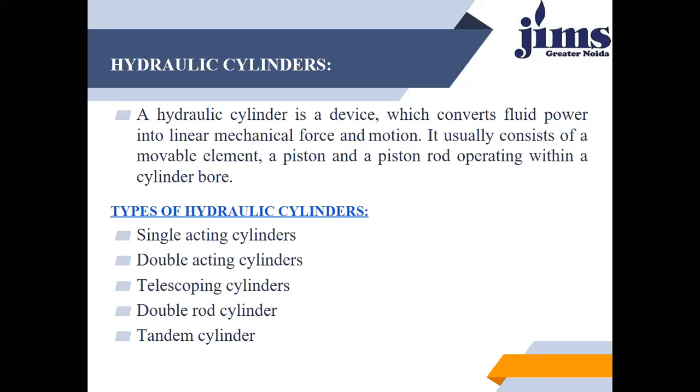If you are talking about an engine, we say this engine is of one cylinder, this engine is of two cylinders. The more cylinders we use, the more powerful the vehicle or engine is.